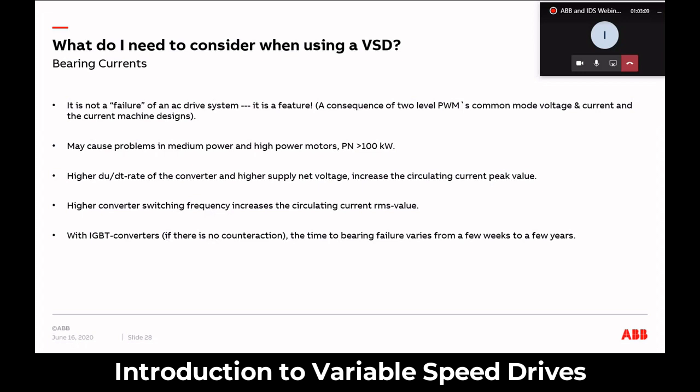With IGBT converters, if there's no counteraction, the time to bearing failure varies from a few weeks to a few years. It all varies on how the system has been installed and fitted.